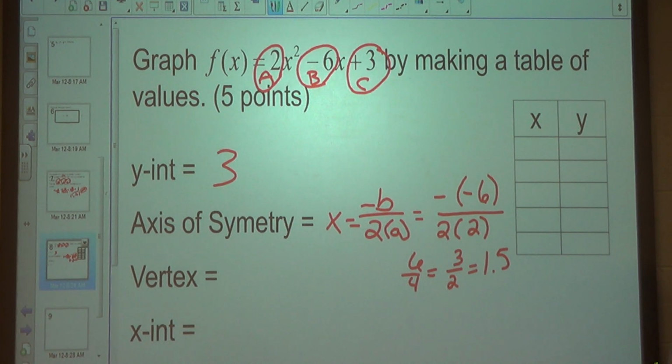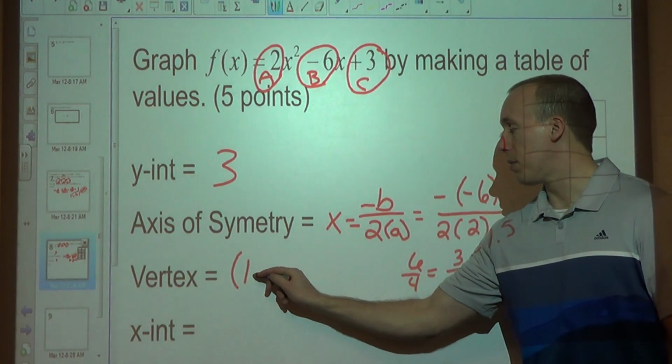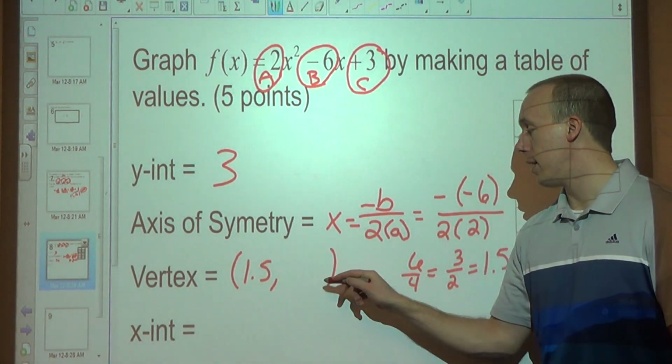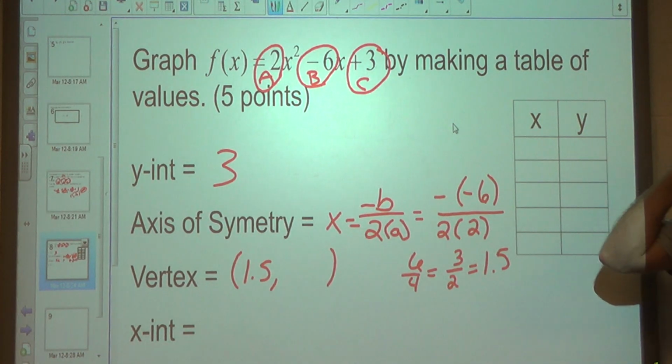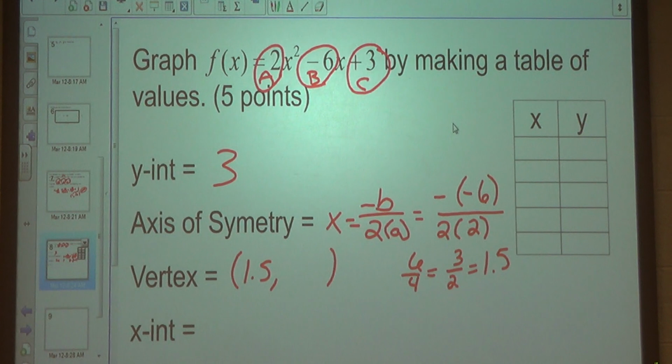How do I find the vertex now on this? Yep, so put the 1.5 in your calculator and spit out an answer. And I'll do that quick here.